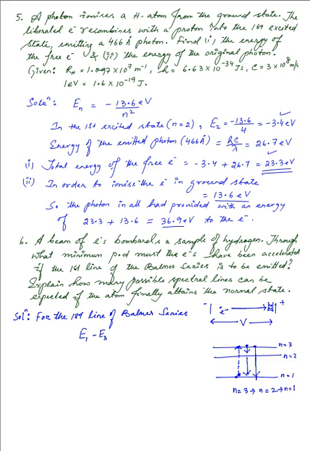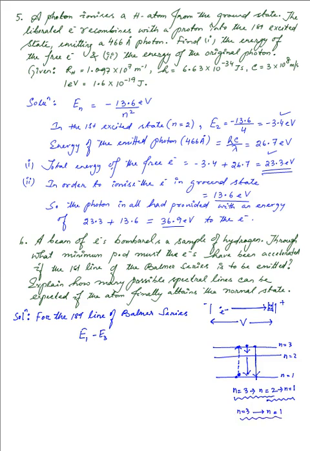So this is one possibility, which means from n is equal to 3 to 2 is one spectral line, and n is equal to 2 to 1 is another spectral line. And then if it has moved from n is equal to 3 directly to n is equal to 1, we can have another spectral line.